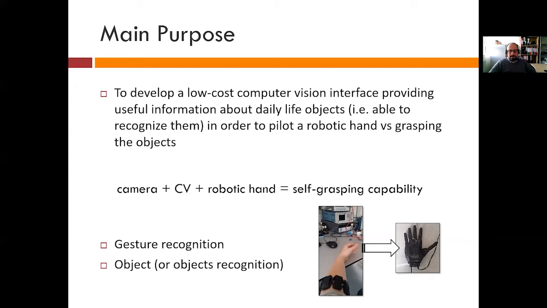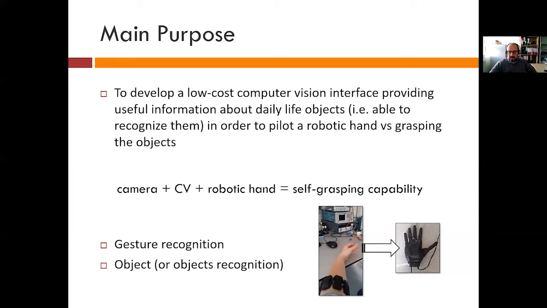So the ingredients are that we want to have a camera, we want to have a computer vision system, and then we want somehow in the future to combine this with a robotic hand and have some kind of self-grasping capability, for example. And we look, as we said, at gesture recognition and object recognition.